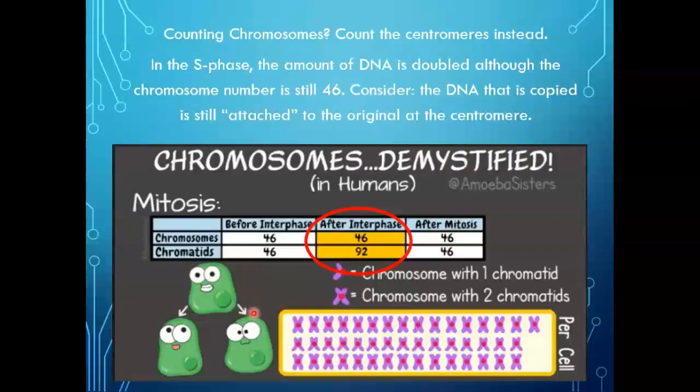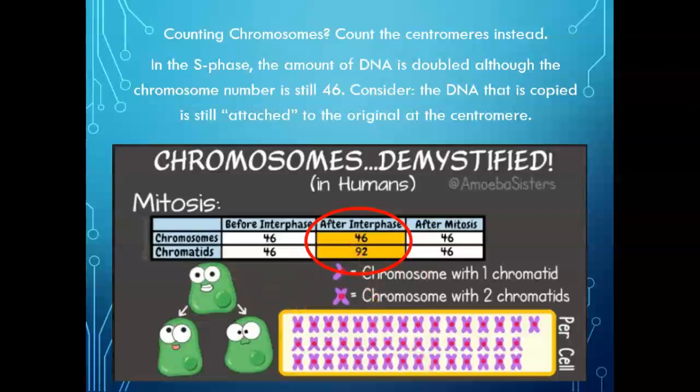In the S phase, the amount of DNA is doubled, even though the chromosome number is still 46. So consider that the DNA is copied. It's still attached to the original chromatid at the centromere. So you're just doubling your chromatids. You're doubling your amount of DNA, but you still have 46 chromosomes.